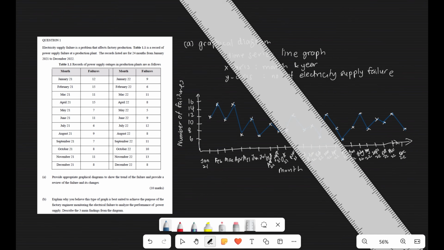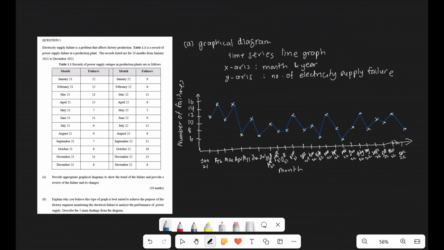Okay. Alright. So that is for question 1. For question 1, for graph type, get 2 marks, and then axis and title, 2 marks.